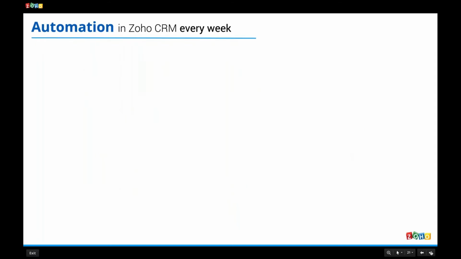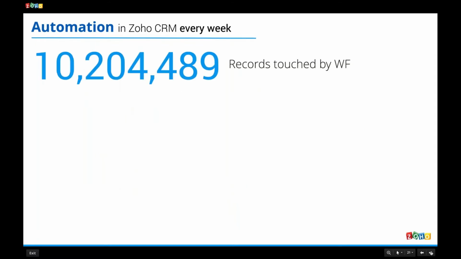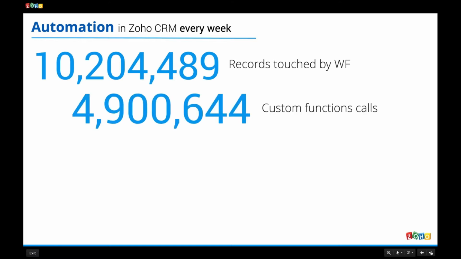There is one more interesting stat that I want to share with you. 10 million records get touched by the workflow every week. So you could imagine how effective the workflow is inside Zoho CRM. 4 million custom functions get called from CRM.